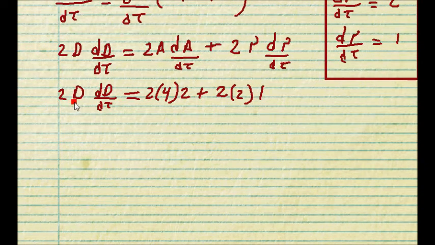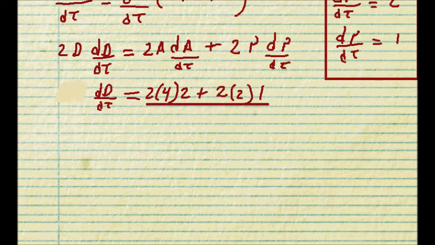So when I divide by 2D over here, obviously this is just going to become 1, so I can erase it from here. And I am going to have 2D here.